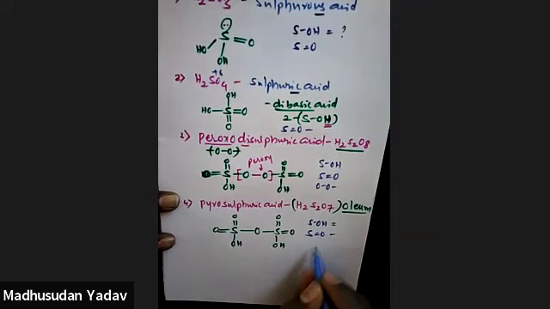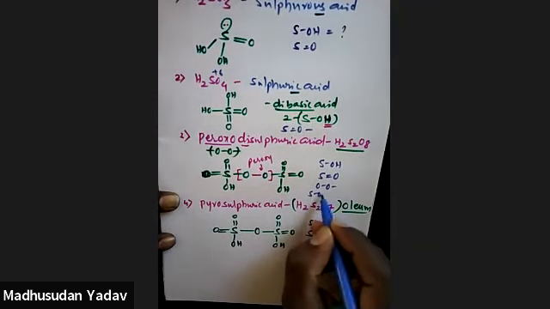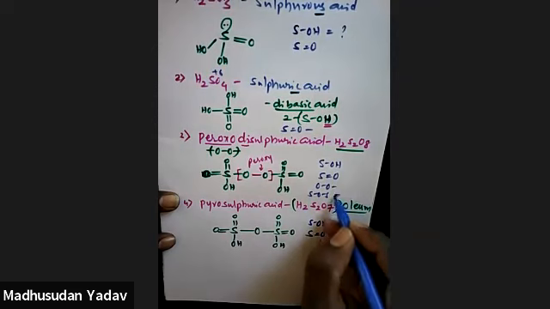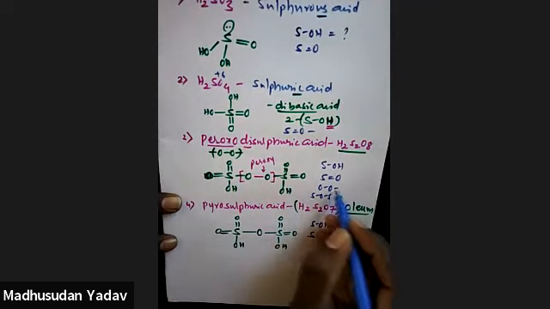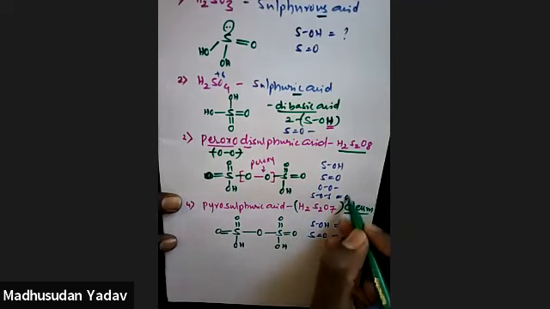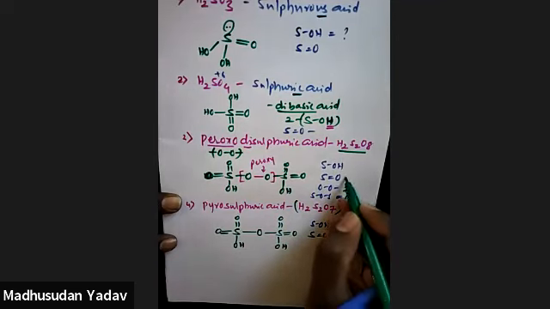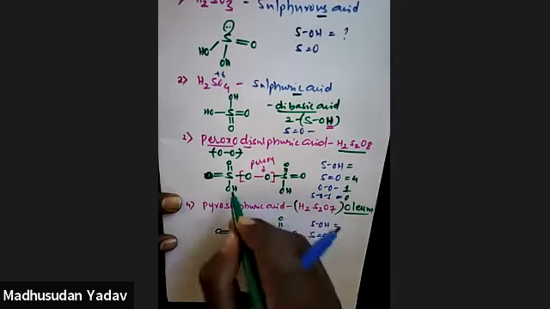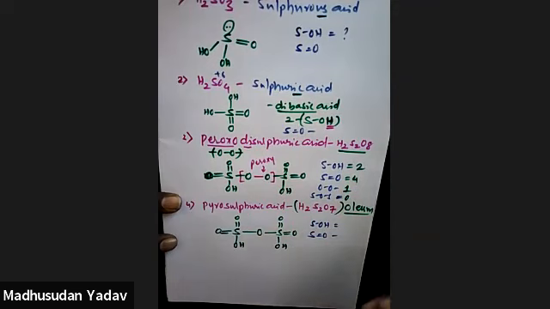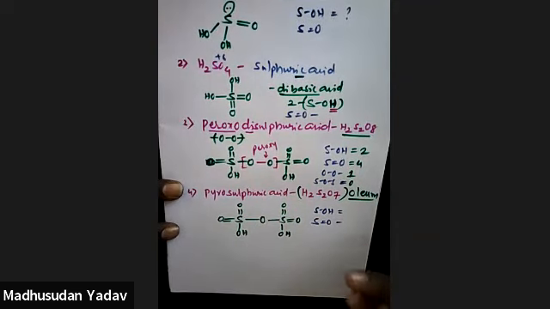Sometimes they ask, is there any SOS link in this? Sulfur, oxygen, sulfur? No, OOS link is there. So SOS links are 0. One peroxo link. S double bond O's are 2 plus 2, 4. SOH links are 1 plus 1, 2. Like this analysis you have to do.